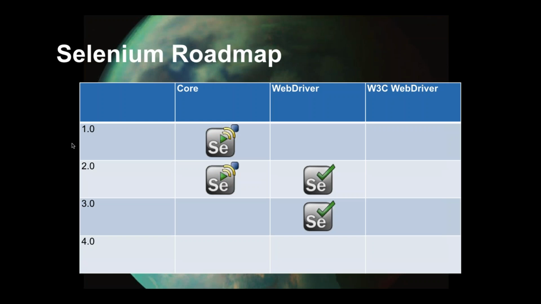The main thing that you're going to see in there is that the original Selenium core implementation is going to be retired, and all that will be left will be the current WebDriver APIs. That sounds like either a massive change or a minor change. For the past 5 or 6 years, we've been advising people who are picking up Selenium to take advantage of the WebDriver APIs instead of Selenium core.